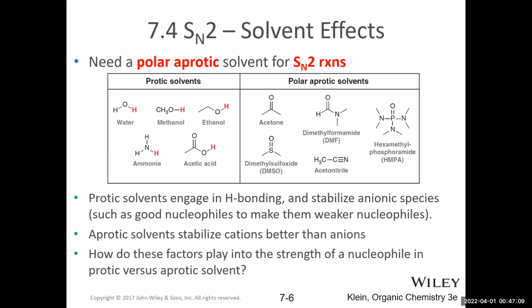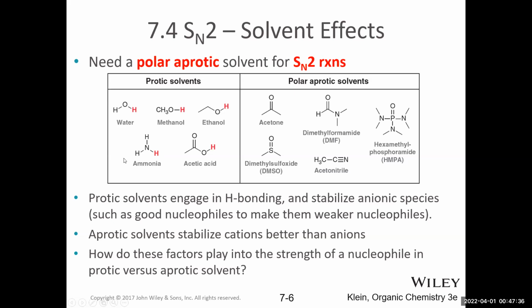So solvent effects, right? So the best solvent for an SN2 reaction is what's called a polar aprotic solvent. Aprotic means not protic, and the word protic refers to the ability of a solvent to hydrogen bond. You can see here that the hydrogen in red over here is attached to an electronegative atom, either oxygen or nitrogen.